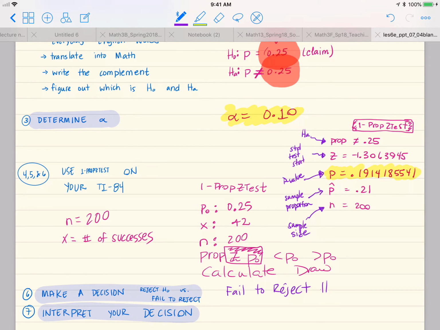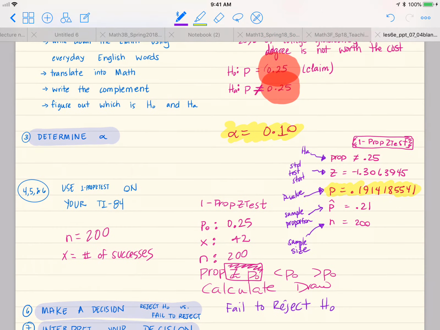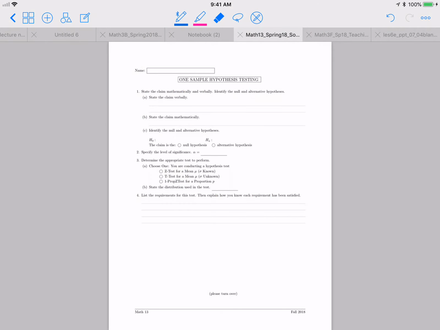H naught. And now to interpret my decision, I need to use the fact that I failed to reject H naught and H naught was my claim. Let me just double check here, because I always forget.